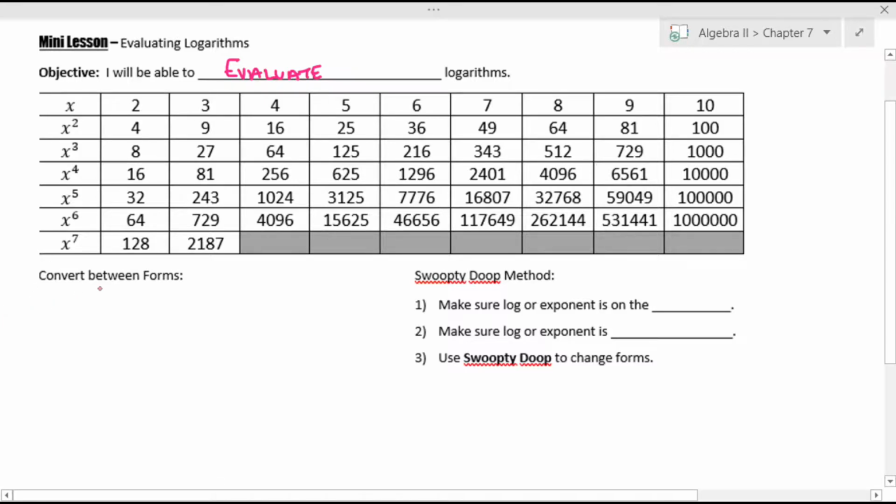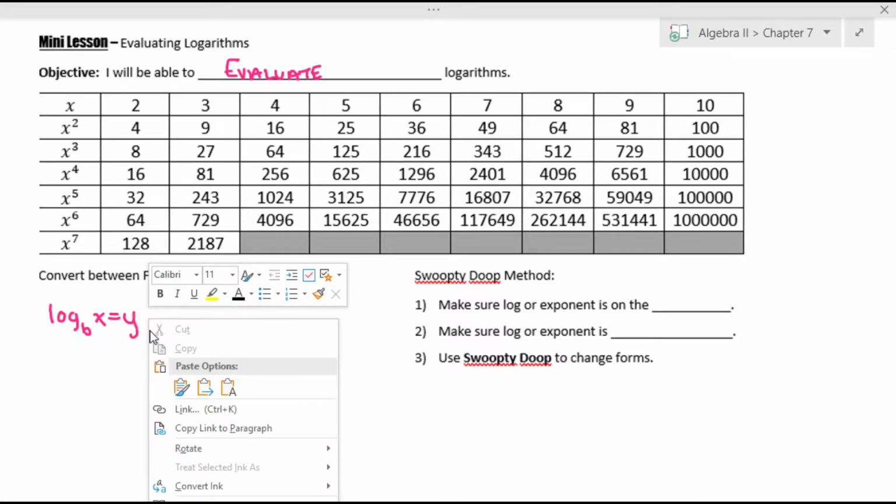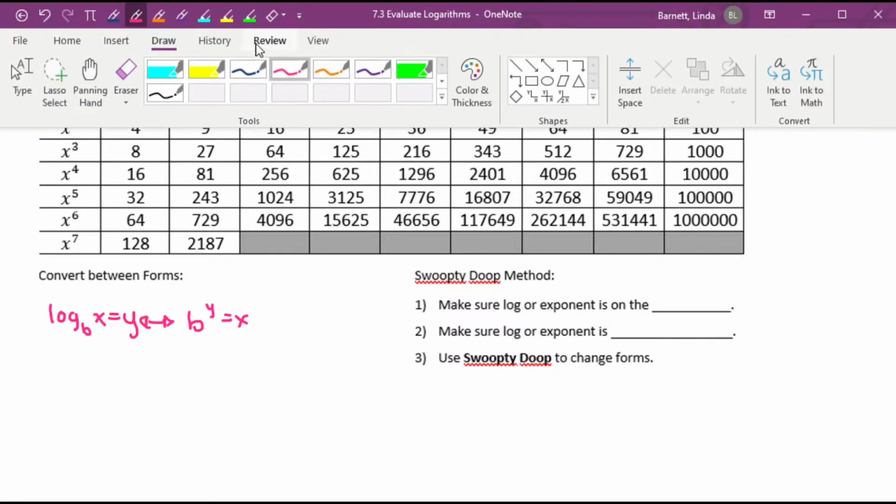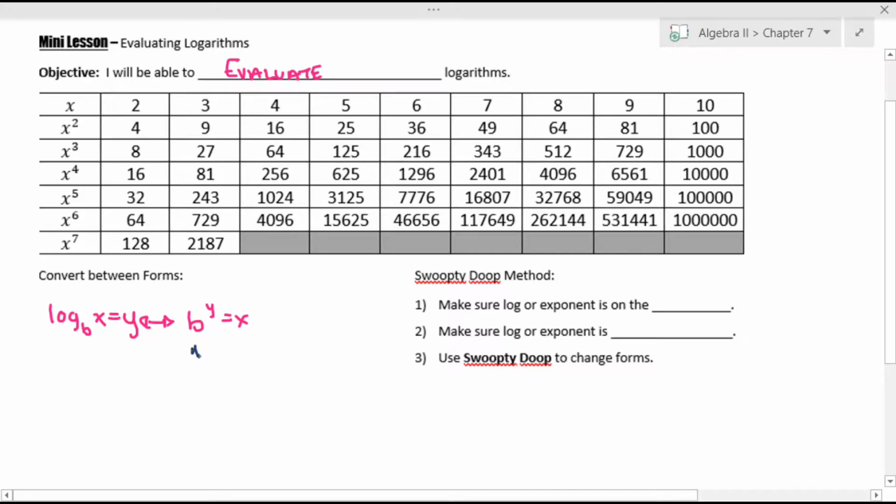So convert between forms. A log has a base and a number, and it's equal to y. We can convert between this form and exponential form. Exponential form would be base to the y is equal to x. This is the base, and we call it the same here.